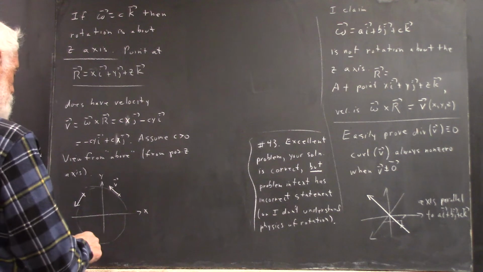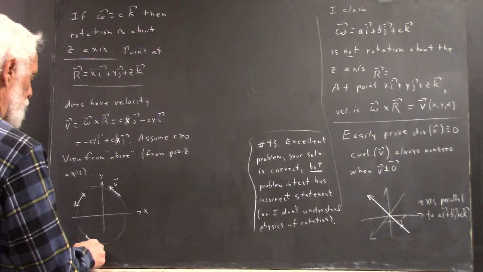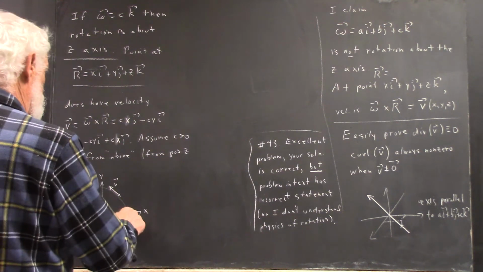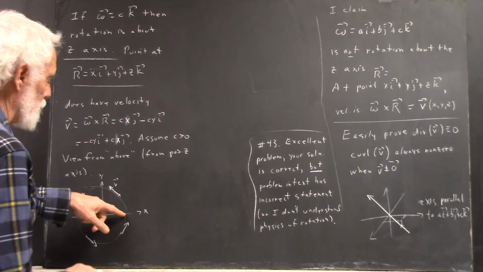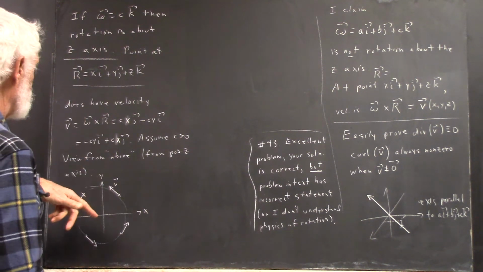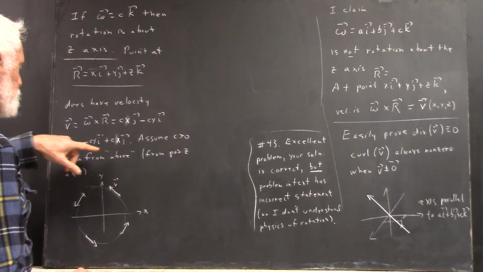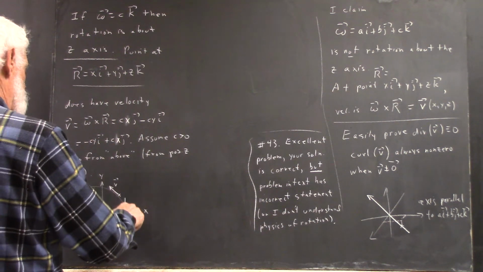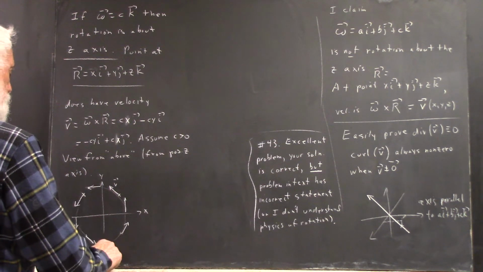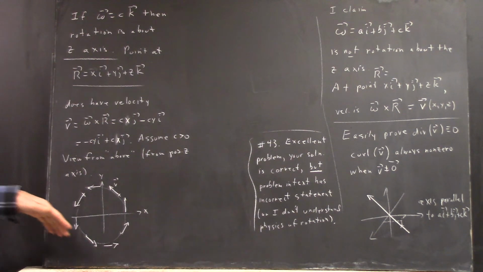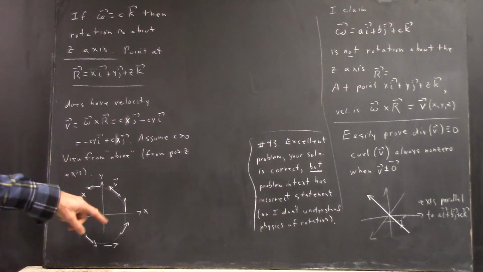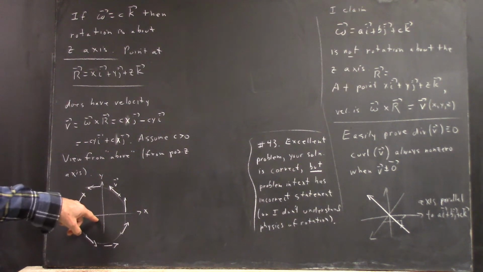You have this, and down here you can check it out. And at the x-axis, your y is 0, your x has a positive value, so you're going to have a cxj and j is going to be vertical. So you can take the axis intercepts and quickly see, and then it becomes very plausible and very easy to prove that this field is always tangent to any circle about the origin.